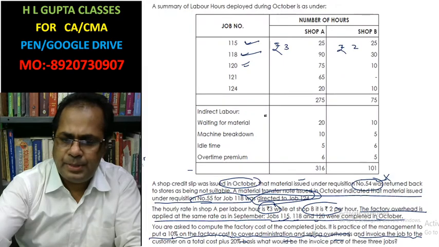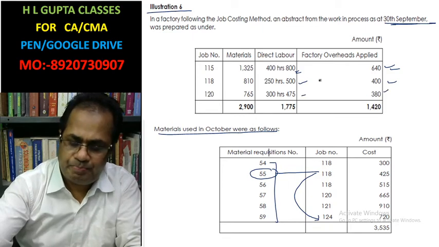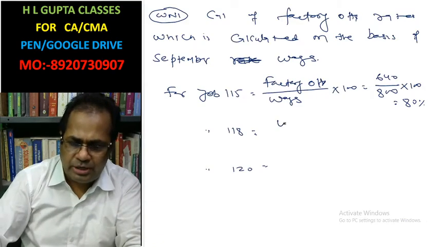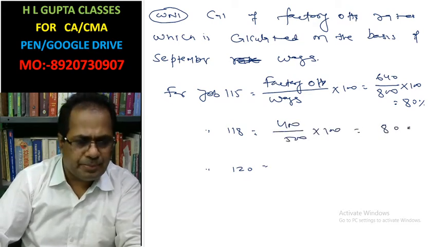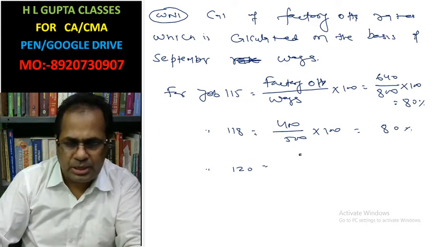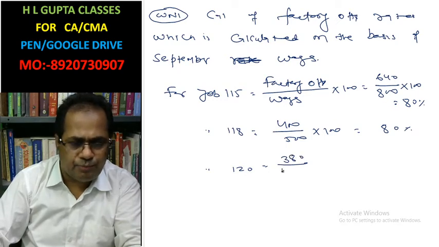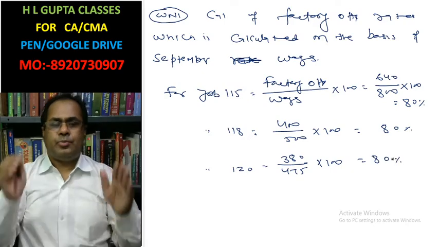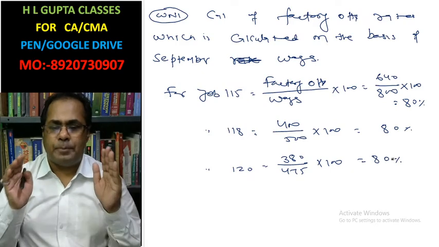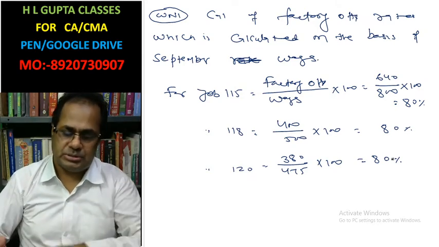Similarly, 400 divided by 500 into 100, this is your 80%. Similarly, 380 divided by 475 into 100, this is also 80%. That is, factory overhead is recovered on the basis of direct wages, and that is 80% of the direct wages.